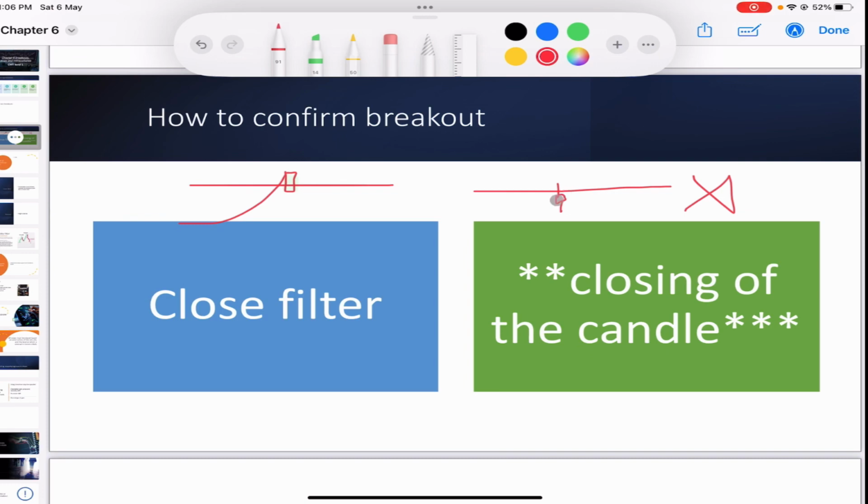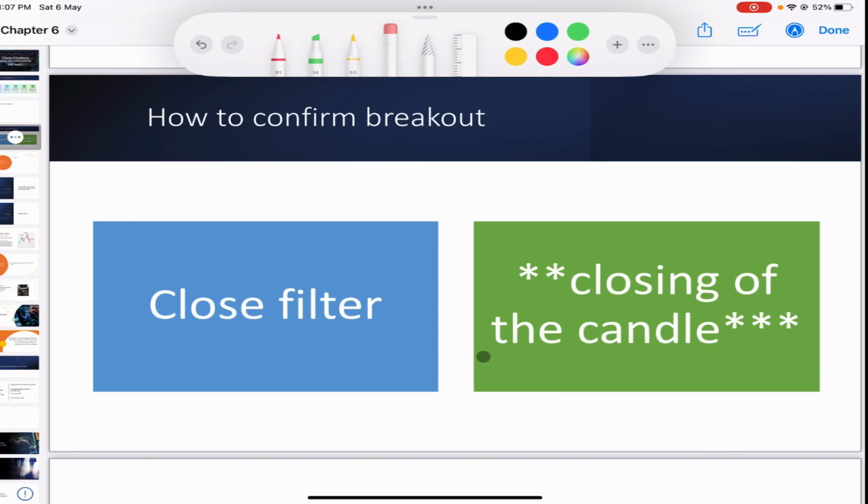Why? Because my candle's wick is above the resistance level, but my candle did not close above it. Here in the first case, my candle closed above the resistance level. So this is my first and most important confirmation factor or filter, my close filter. I want my candle to close above the zone or below the zone.